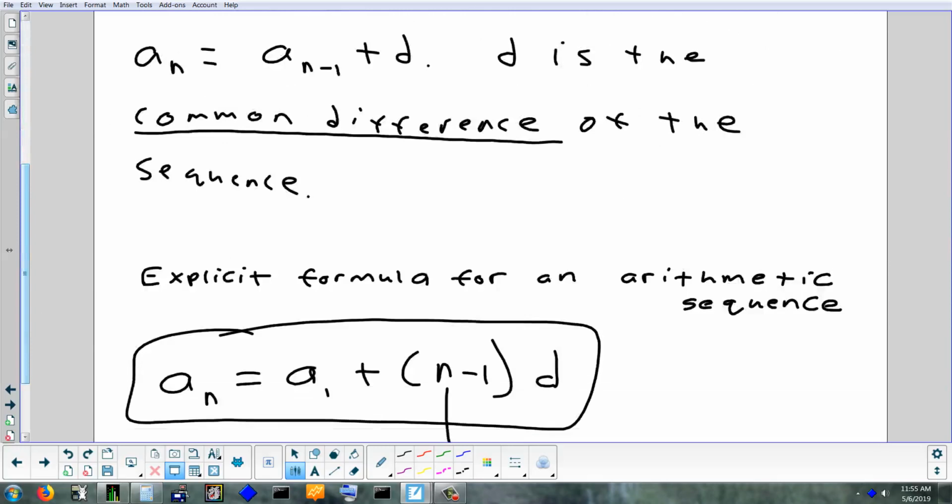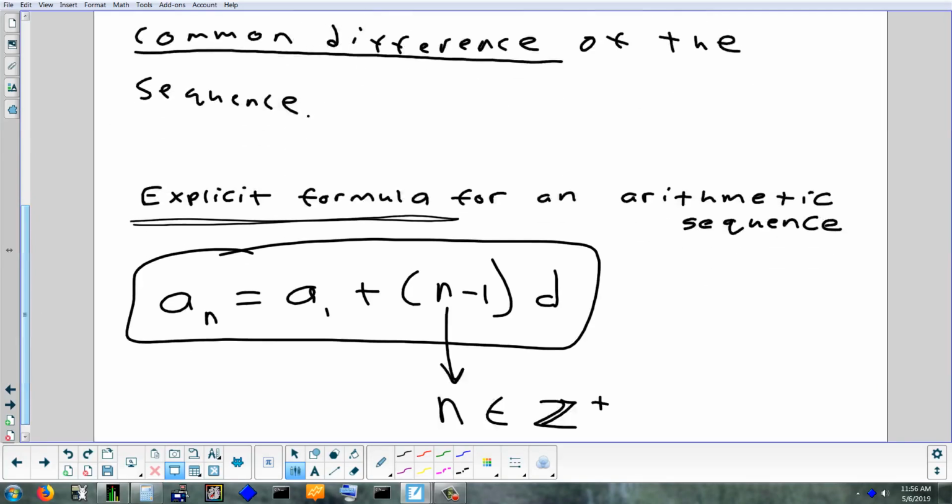Very easy. So here is the explicit formula for an arithmetic sequence. So now you don't have to guess. It's like you don't have to say, okay, you multiply it by 4 and then subtract 3 each time. You don't have to do that. If you add the same number each time, here's your formula.